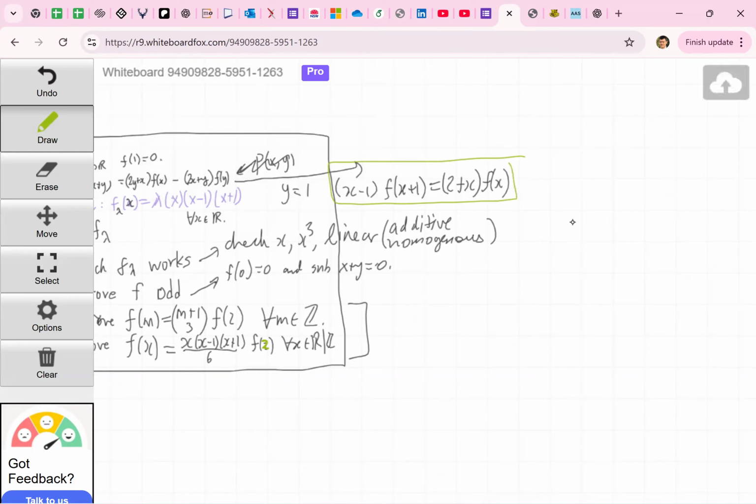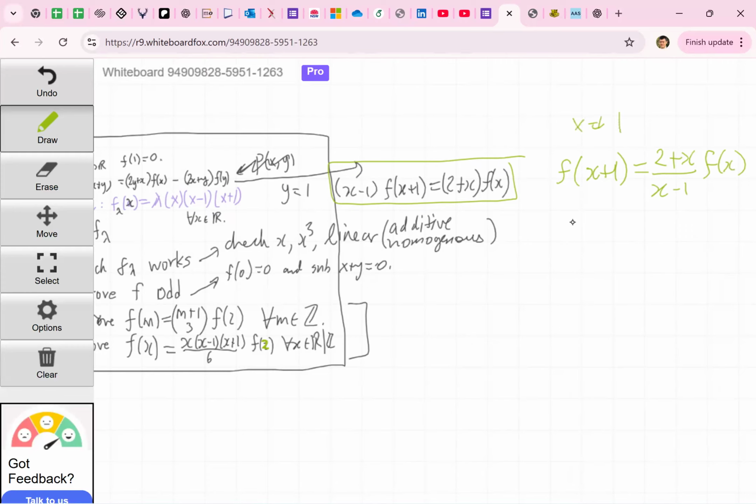We can write f of x plus 1 equals (2 plus x) over (x minus 1) times f of x, and that's true if x is not equal to 1.